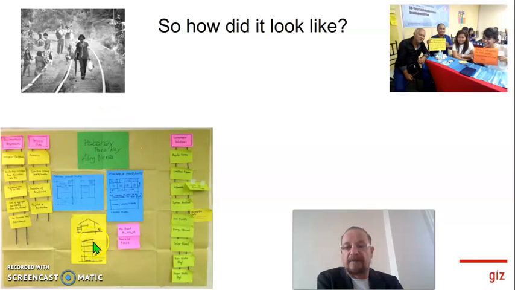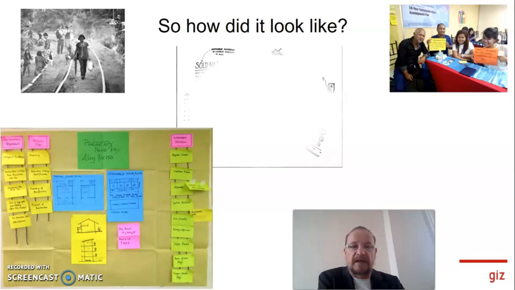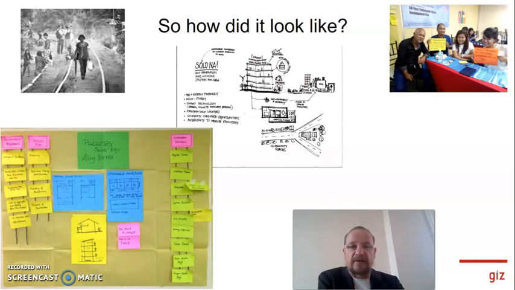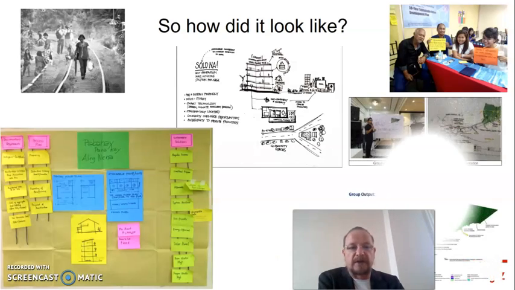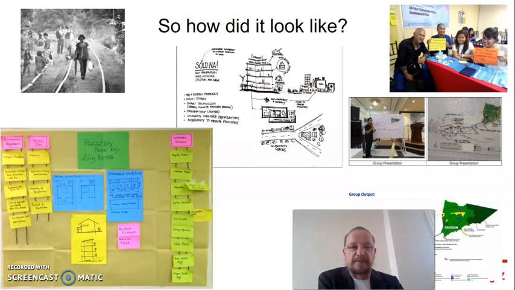Then the group came up with something like that. And then we had a kind of consolidation. So we had several groups, they all had the same question, but a different persona. And so they came up with different ideas. So this is already going into the consultation group from the city planners.